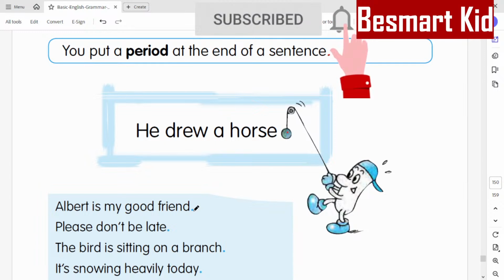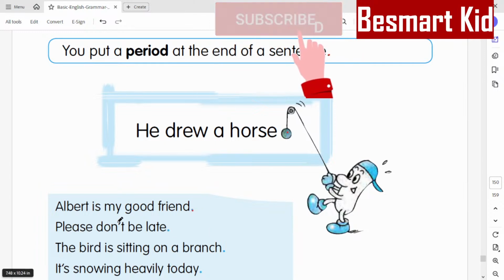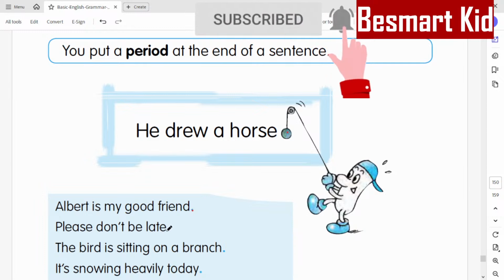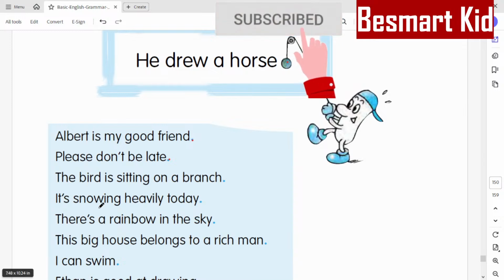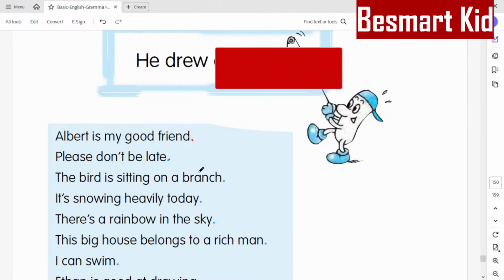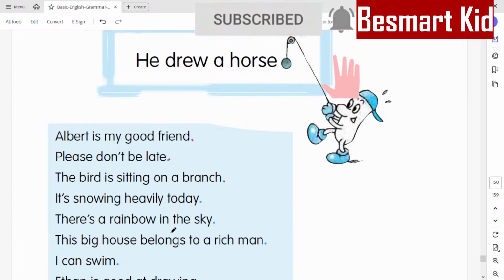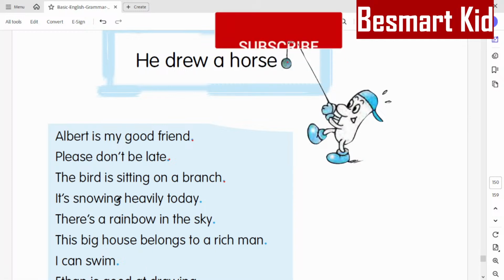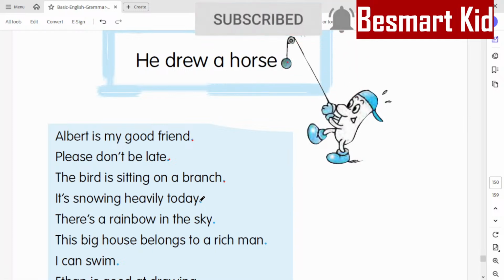The period is here. Please don't be late. The period is here. The bird is sitting on a branch. The period is here. It is snowing heavily today. The period is here.